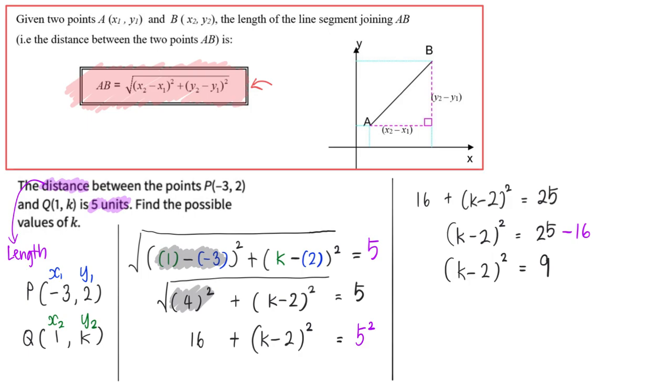My next step would be interesting, because if I do not want the square, I will have to do something like this. I will have to square root both sides.